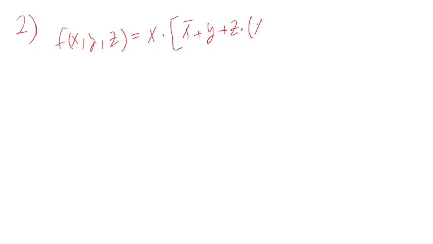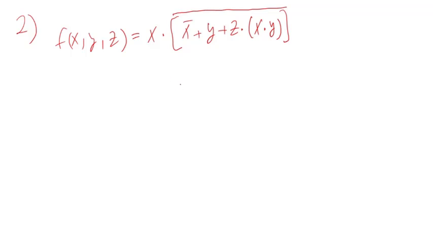So example 2: let's assume we have f of x, y, z equal to x and (x' or y or z) and (x and y), and this entire thing is negated.